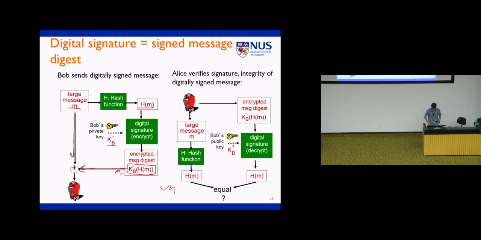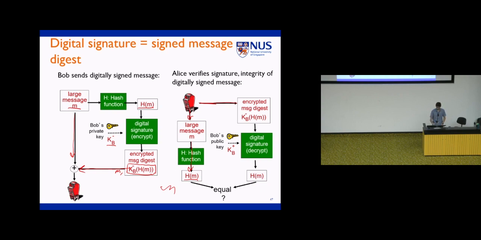And then at the receiver side, the receiver takes the message and takes the signature. And the receiver applies hash function to the message, so she also obtains the digest of M. And then for the signature, she applies the public key of the sender.